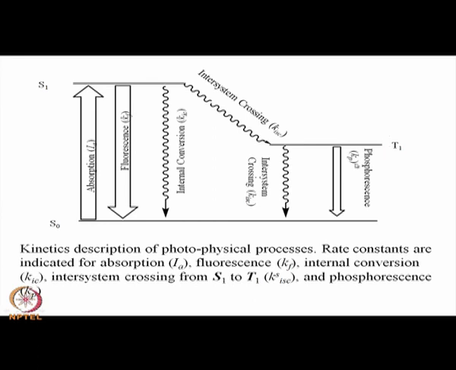So basically these are very important parameters that we should look into. Another thing, as I told you, whenever you change the environment, there is a possibility of various things, like diminution of the fluorescence intensity or maybe phosphorescence intensity, or maybe suppose we have a molecule which generally fluoresces.